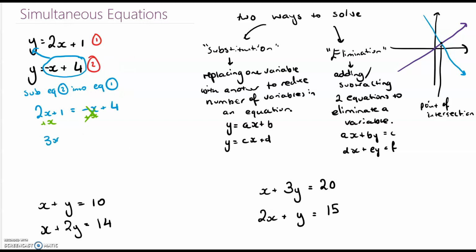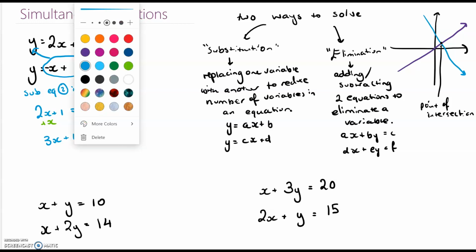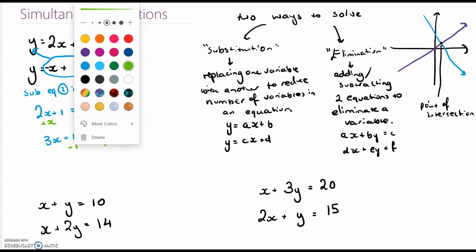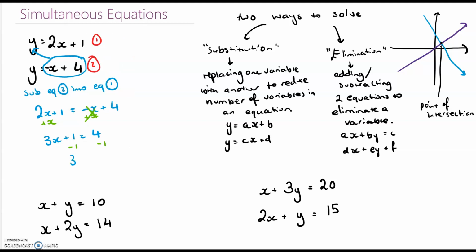That becomes 3x plus 1 equals 4. Then I'm going to subtract 1 from both sides. I'm left with 3x equals 3. And then lastly, I'm going to divide through by 3, and I'm left with x equals 1.